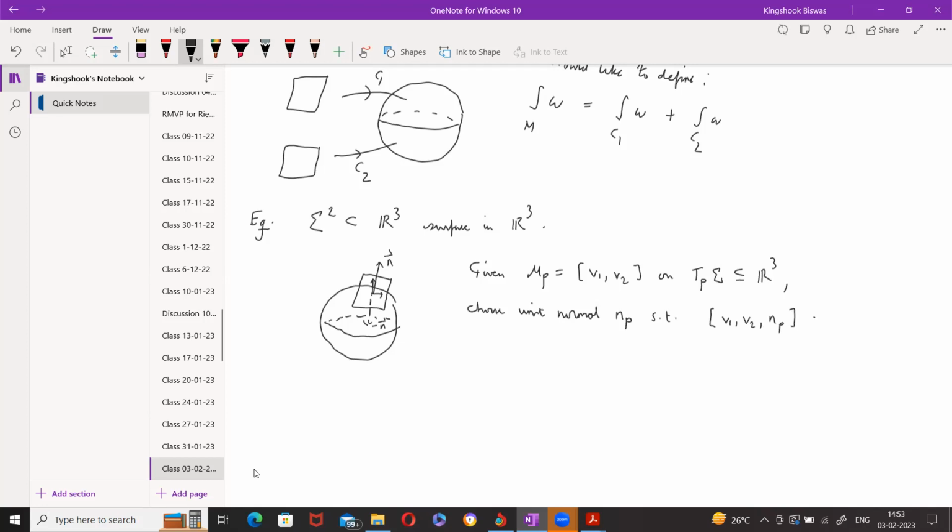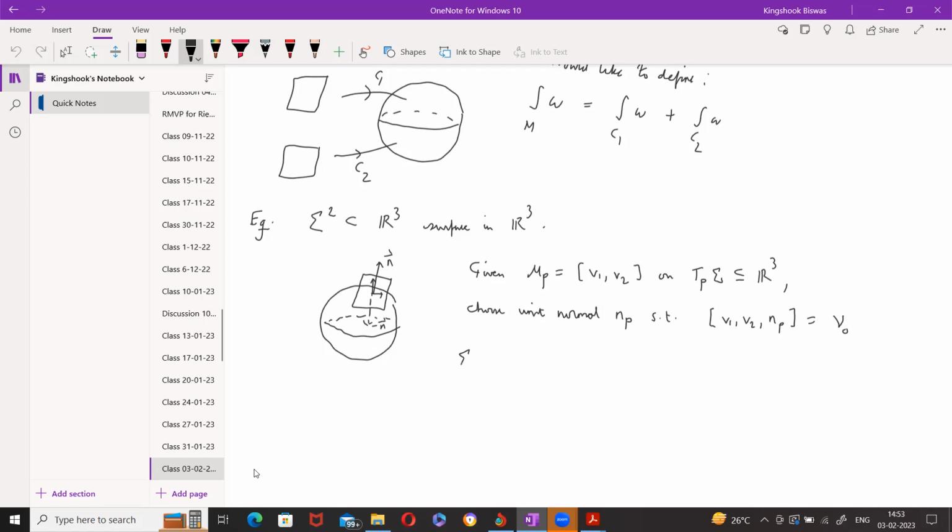I want this to give the standard orientation on R3, so this should be nu naught, okay? So there is a unique choice of unit normal so that this basis of R3 gives me the standard orientation on R3, right? If I choose minus n, then I'll get the opposite orientation, right? Is it clear?